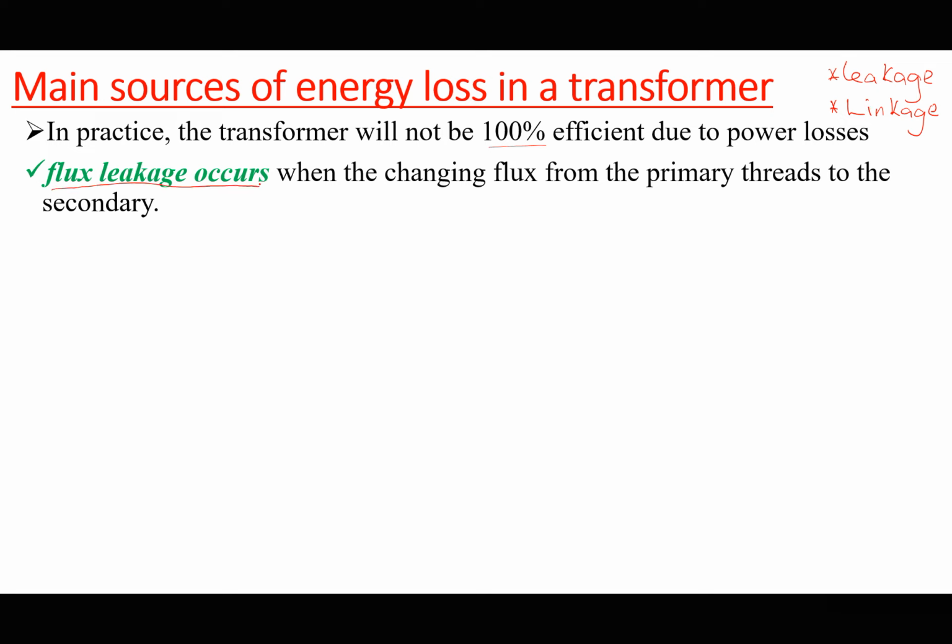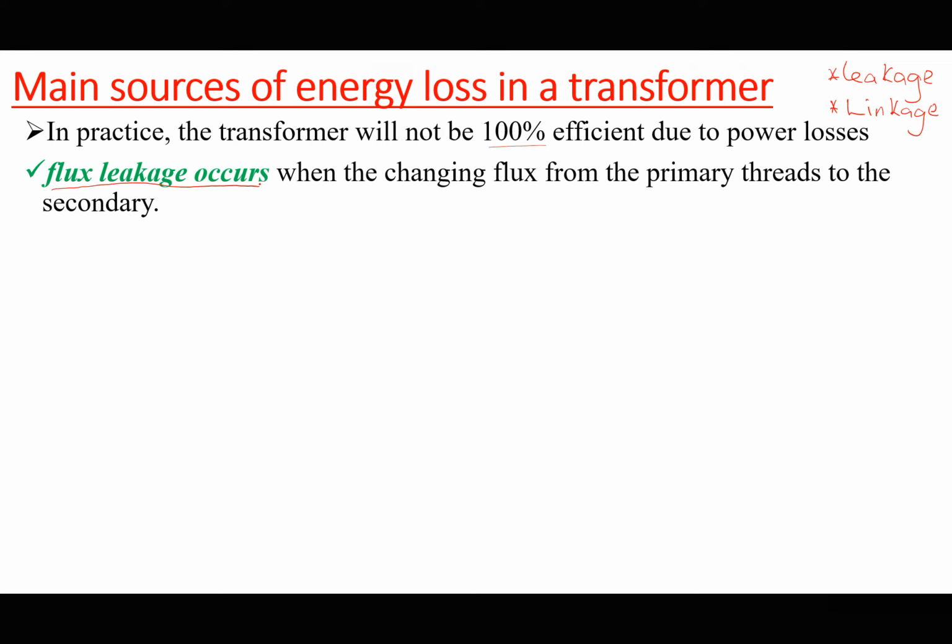The purpose of the soft iron core is to reduce this leakage by providing a link. But still, the magnetic flux is all around the primary coil. So it means not all of it is within the core.